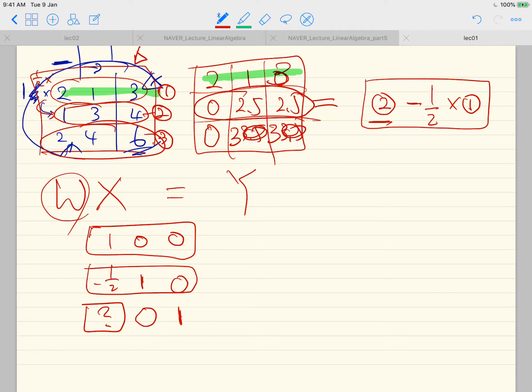Minus 1. Right? Okay. Yeah, because we multiplied the first row by 1 and then subtracted it from the third row. And so this is our W. So this W can be constructed to represent this row replacement. Okay.